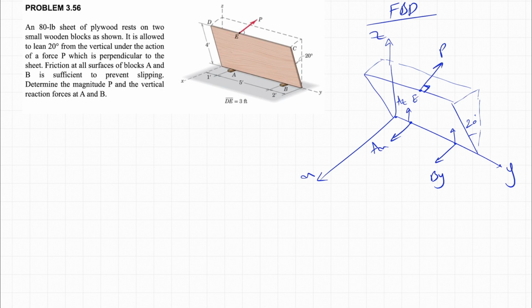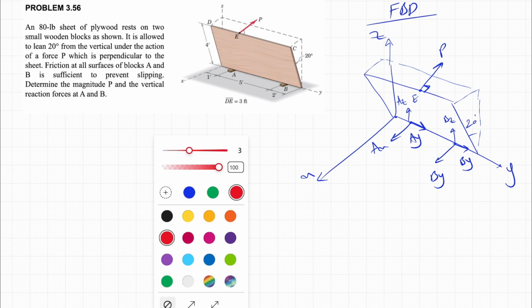And we have the Z component of these two reaction forces, so it will be BZ here. And last, it's the Y component, which again is coming from the friction.